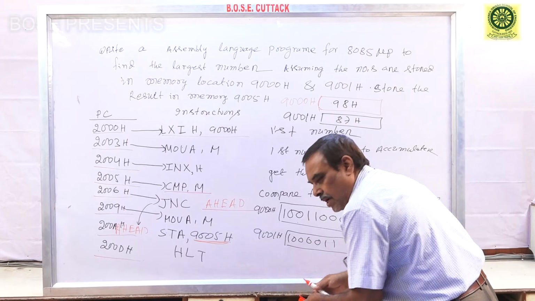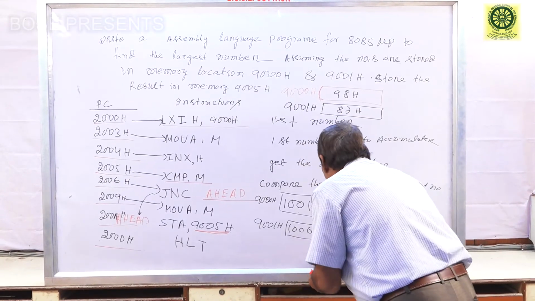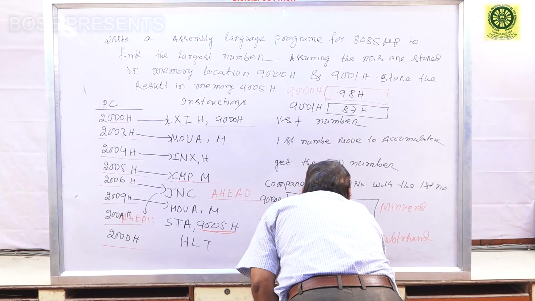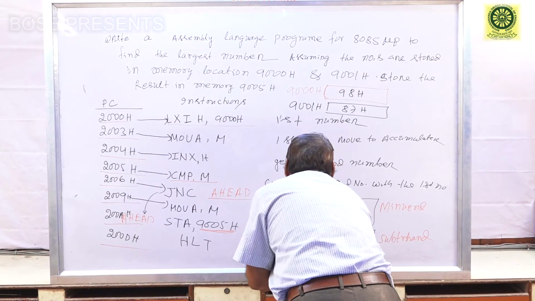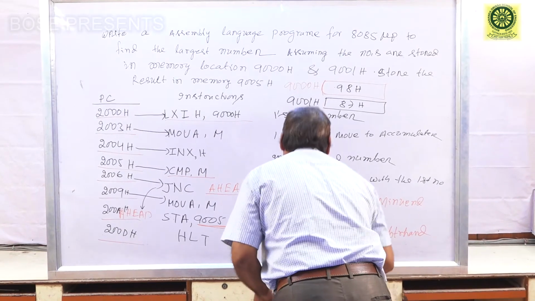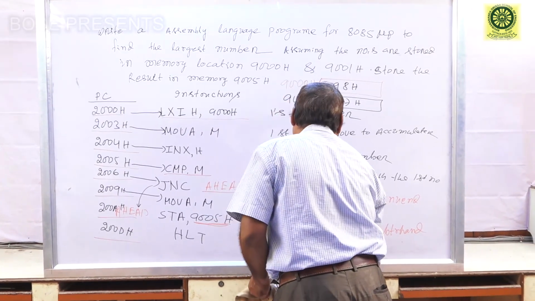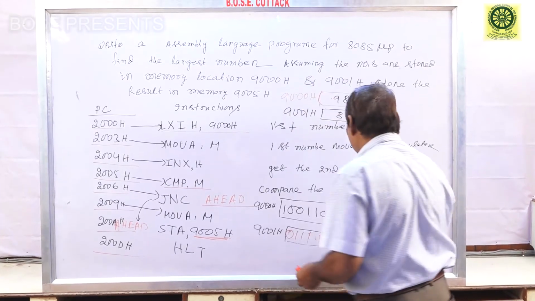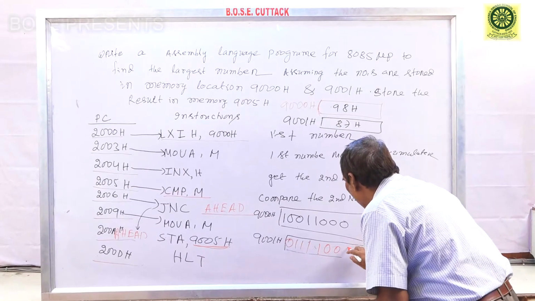The 1's complement of this number is 1000, and the 1's complement of this number is 0111. Now if we add 1, the 2's complement is found.